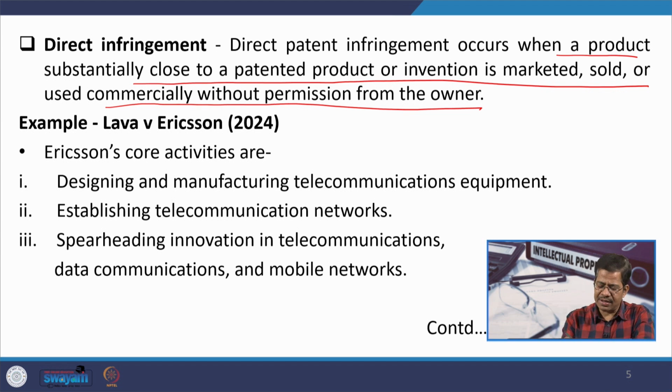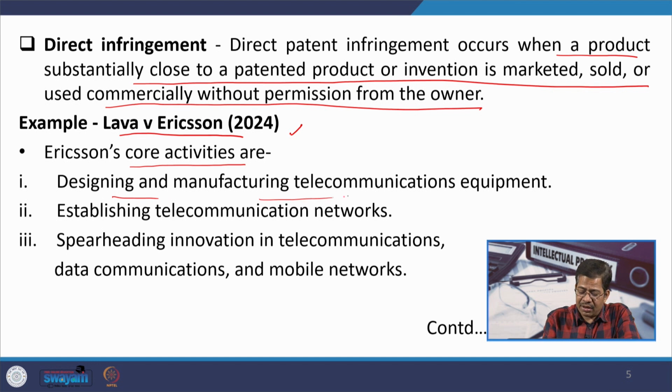A very popular, very recent case of direct infringement is Lava versus Ericsson, which came to India's Delhi High Court. In this case, Ericsson's core activities are designing and manufacturing telecom equipment, establishing communication networks, and leading innovations in telecommunication, data communication and mobile networks.